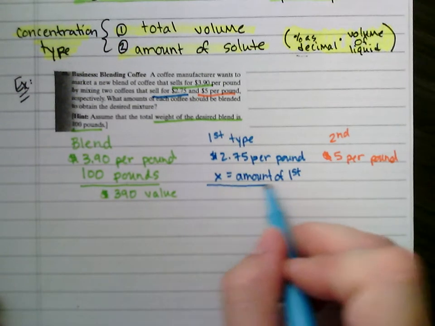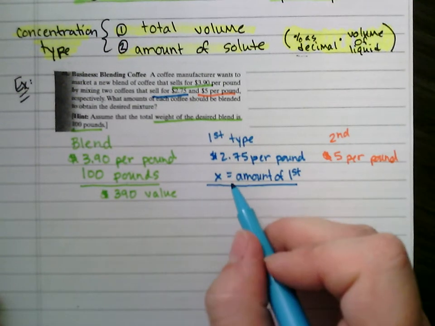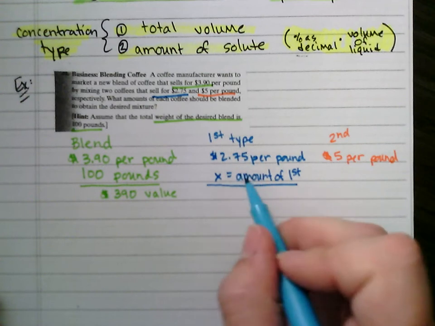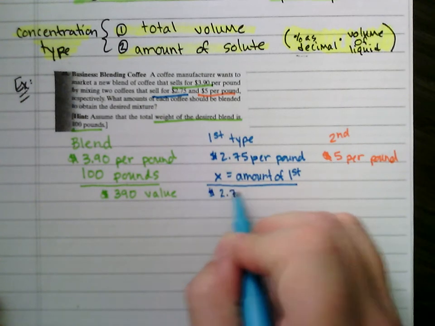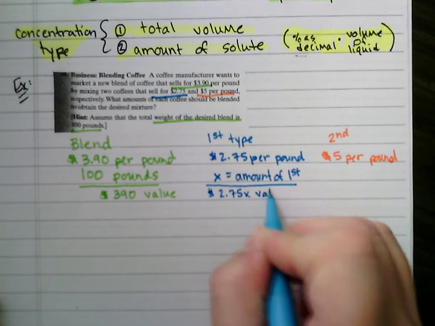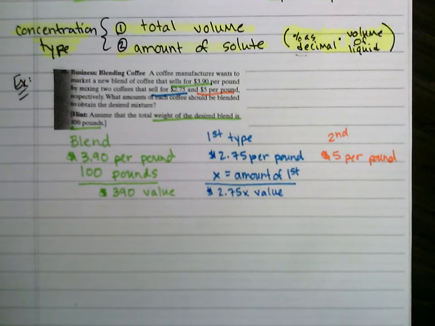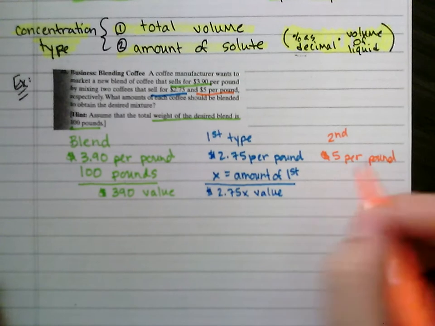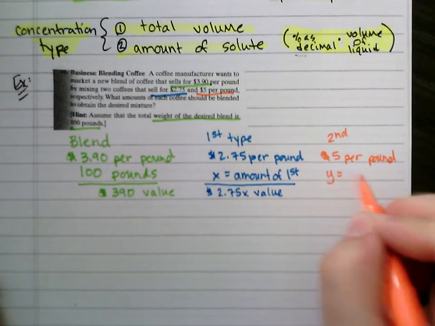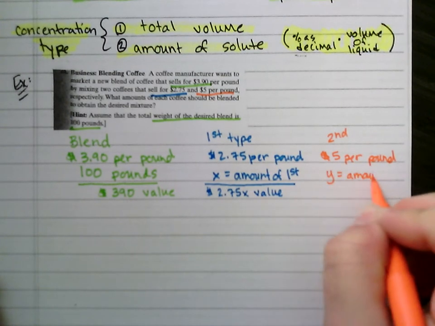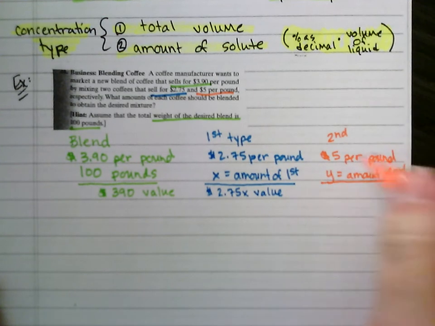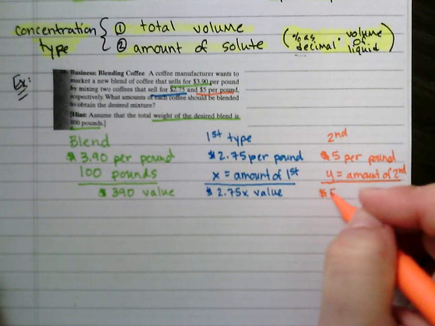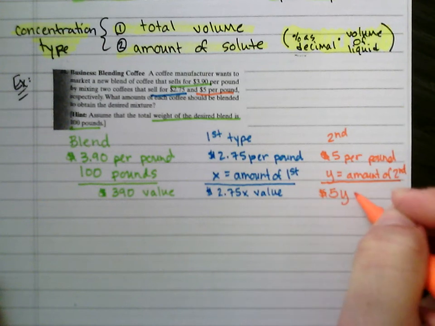Then how much is its value going to be? If we take the cost per pound times the amount we use, it's going to be 2.75x for the value of the coffee. And then the $5 per pound coffee, we don't know that either. So we'll do Y for the amount of the second type of coffee. And then its value, we take the cost per pound times the amount we're using.